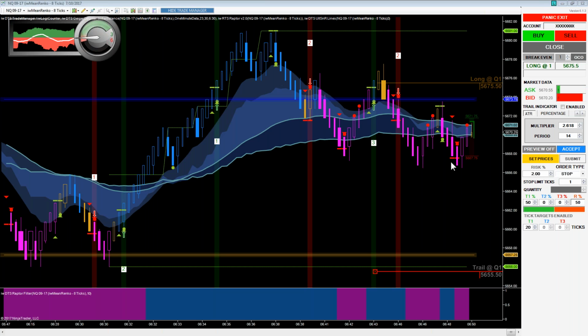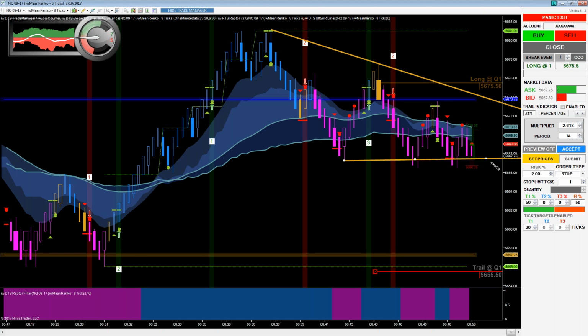All right, so is this going to be a triple bottom for the market? Is that going to spur some buying? Or are the sellers going to knock the market down below the lows?